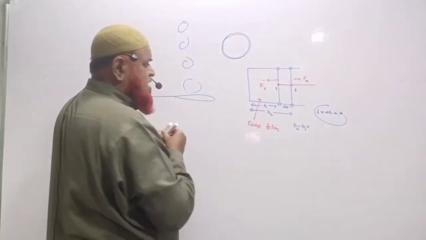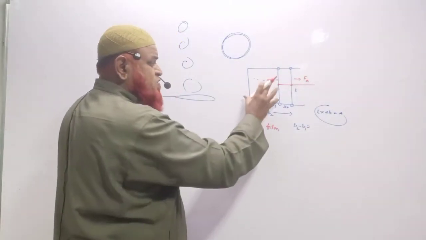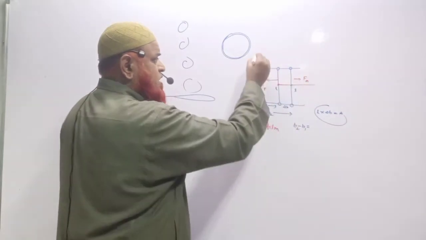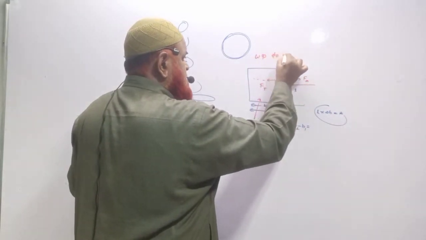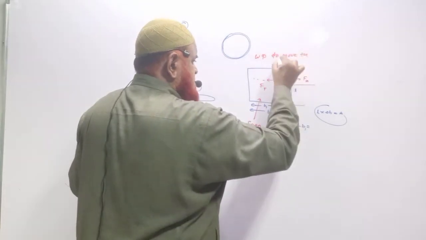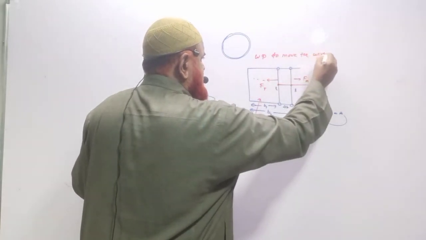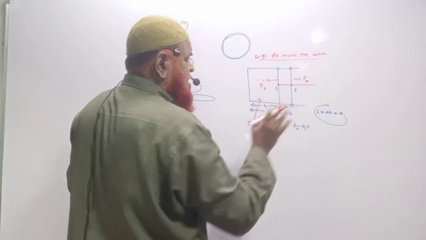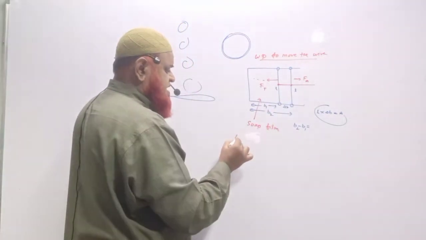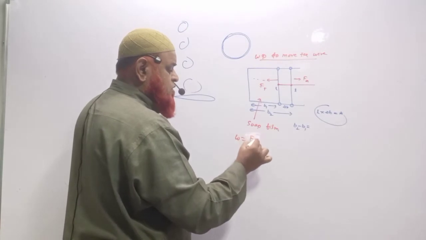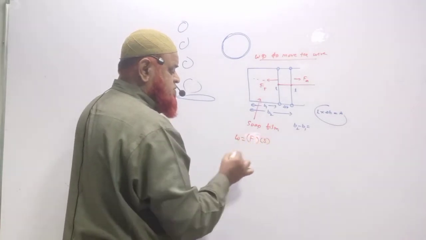So let me see what the work done is. What is the work done by me to move the wire, this wire which is called the movable wire? How much work are you doing here? You know that work done is equal to force into displacement.